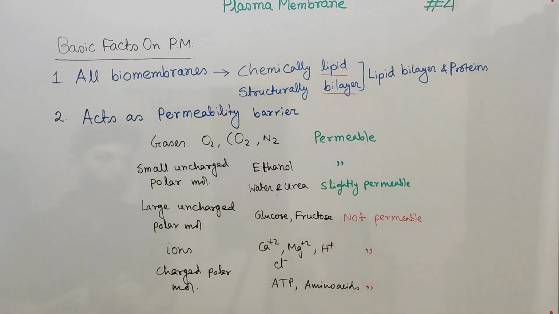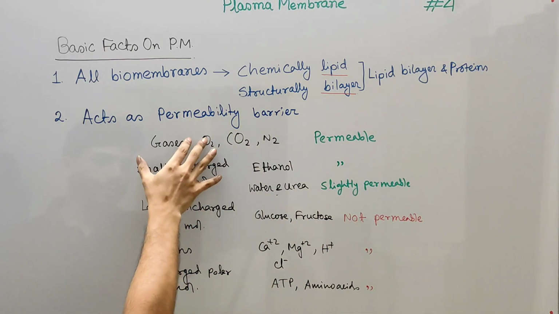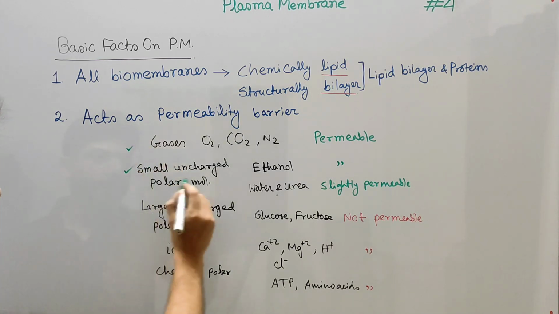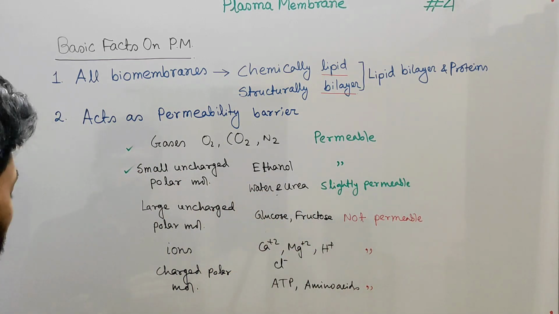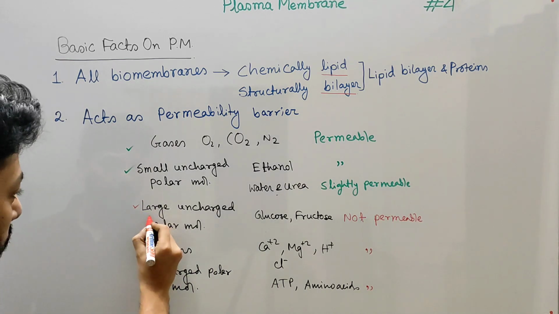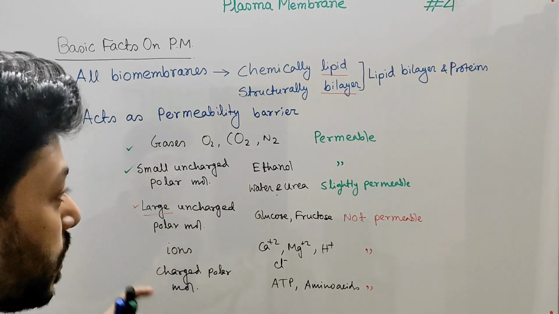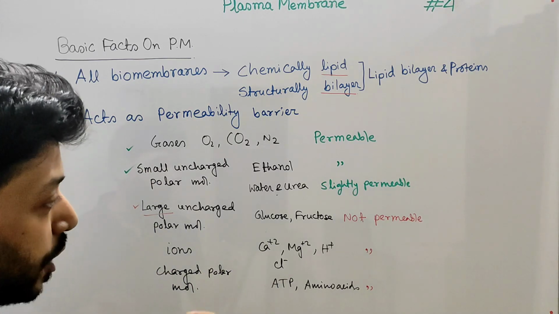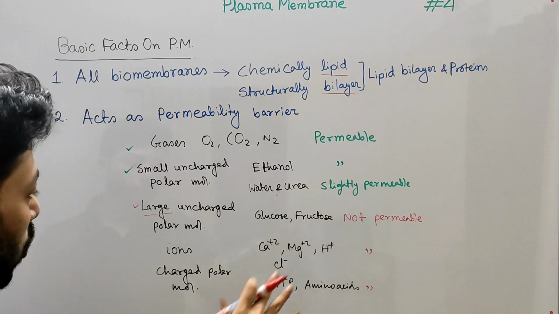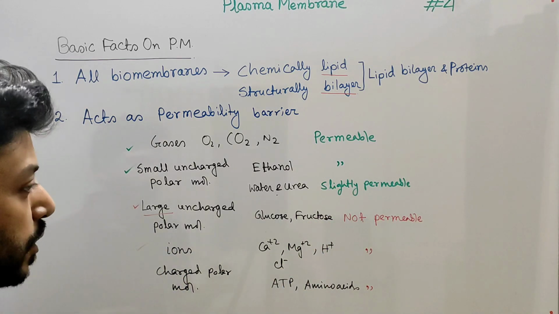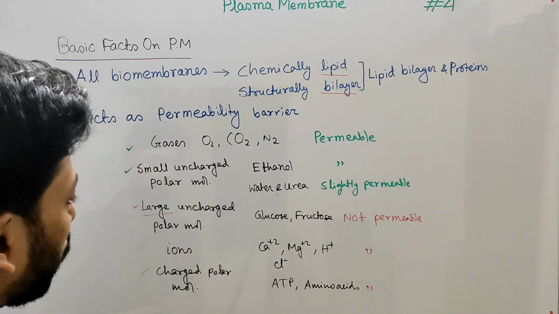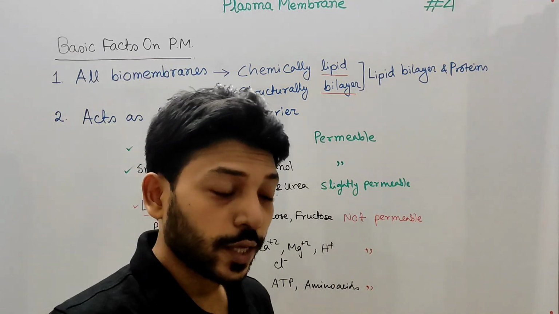So some molecules are permeable like gases, and small uncharged polar molecules like ethanol; water and urea are slightly permeable. But many polar molecules are large, so they cannot penetrate through the lipid bilayer. So large uncharged polar molecules like glucose and fructose are not permeable. All ions, that means all charged molecules, are not permeable, and also the charged polar molecules are not permeable.